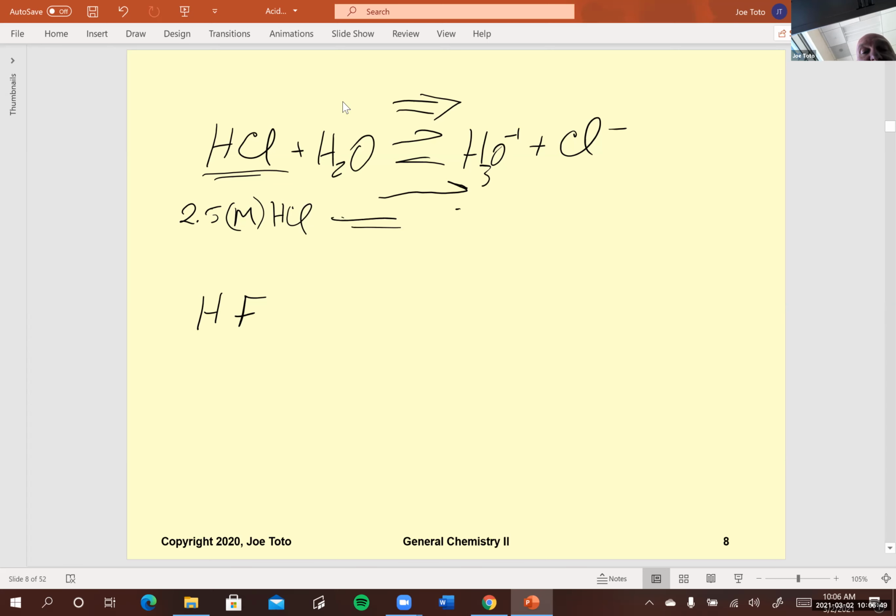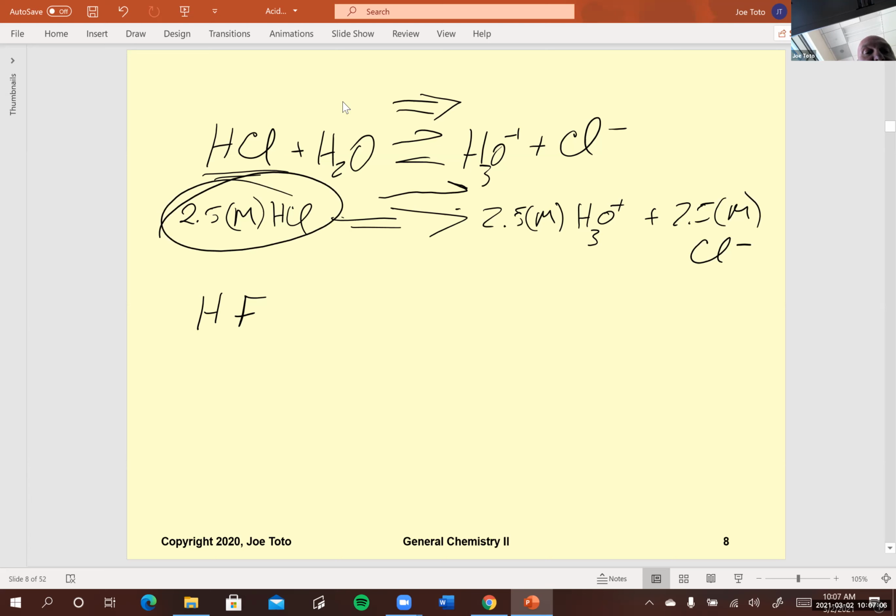What you have in this case is 2.5 molar H3O plus and 2.5 molar Cl minus, right? That's what you have in this solution, 2.5 molar HCl aqueous, okay? You don't have any HCl in there. It's a strong acid. It's fully dissociated into its ions, as opposed to a weak acid, HF.